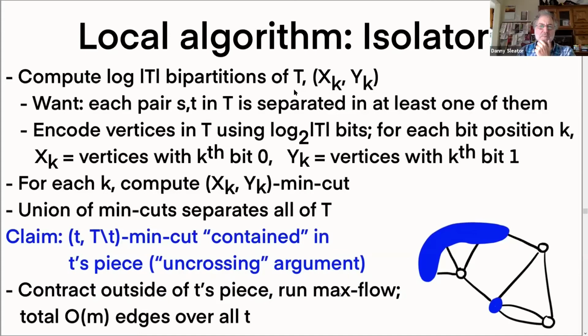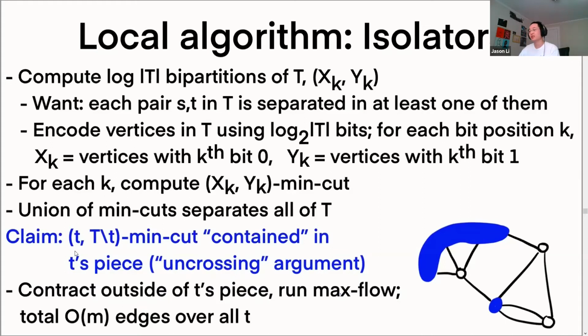So this page describes an algorithm which takes T as an input, right, and determines what? It computes, for each vertex little t in capital T, the min-cut separating little t from everything else in T. And we showed earlier that if capital T is an isolator, then one of these cuts will indeed be the global min-cut of the graph.